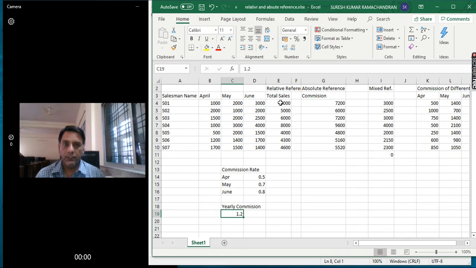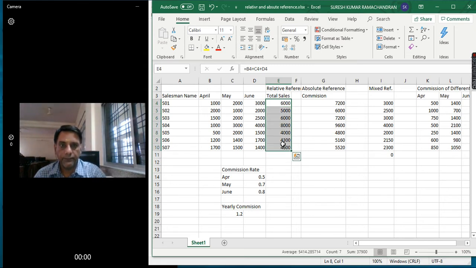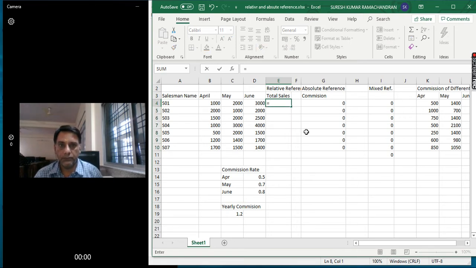Now look here, if I say sales, so this is the formula. Let me first delete this, and I'm going to write the formula here. Suppose the formula is equal to B4, and then C4, then D4. This is the formula, 6000.